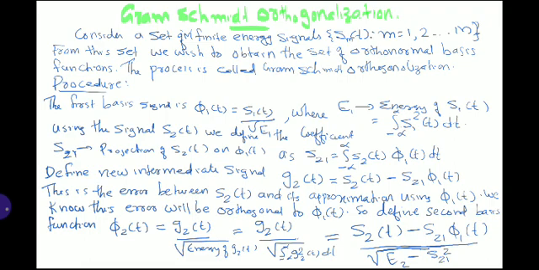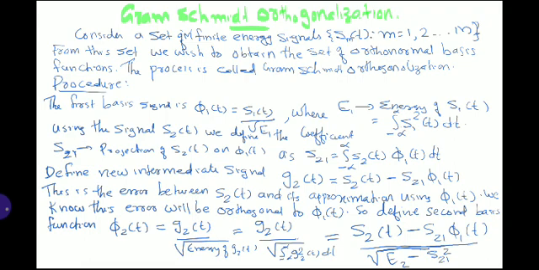Now define a new intermediate signal, g_2(t) equal to s_2(t) minus s_21 phi_1(t). g_2(t) is actually an error signal. It is the error between s_2(t) and its approximation using phi_1(t).